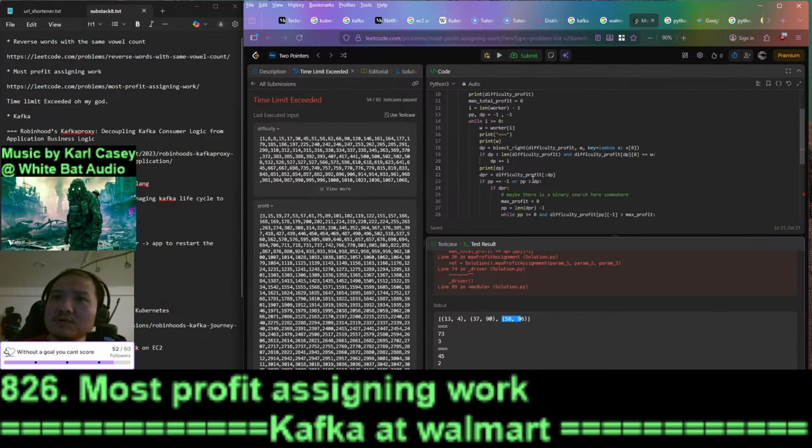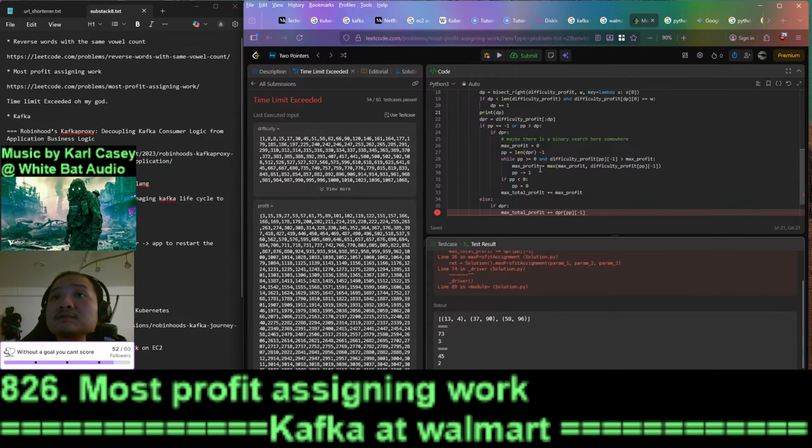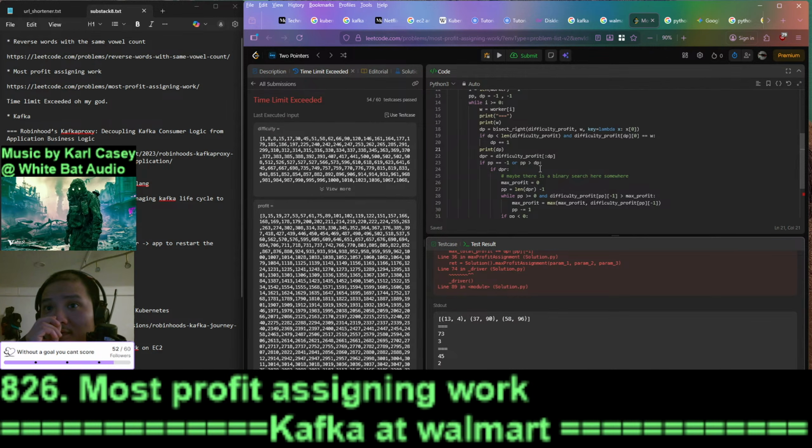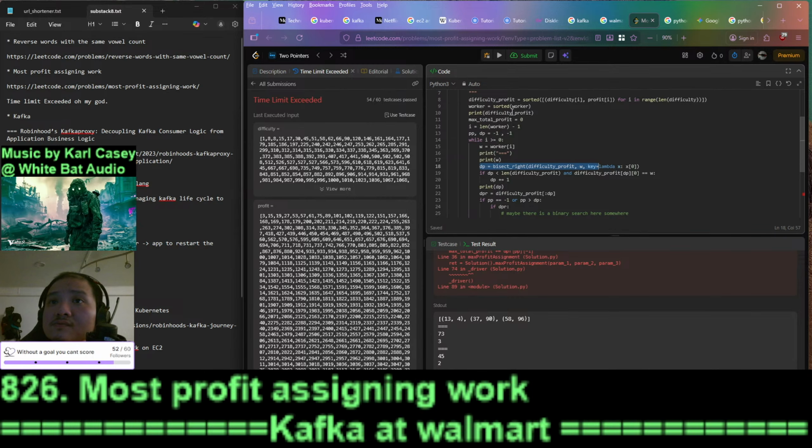0, 1, 2, 3, what? And okay, hold on. 45, we got 0, 1, 2. Wait, why do we got 3 here? We search for the W here is 73. This is difficulty, which is 2.